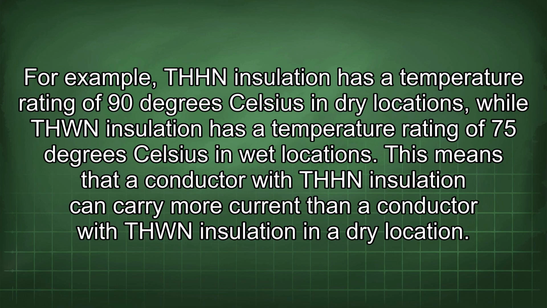For example, THHN insulation has a temperature rating of 90 degrees Celsius in dry locations, while THWN insulation has a temperature rating of 75 degrees Celsius in wet locations. This means that a conductor with THHN insulation can carry more current than a conductor with THWN insulation in a dry location.